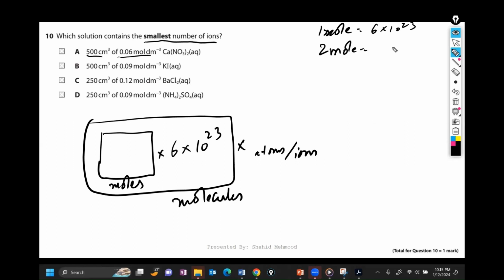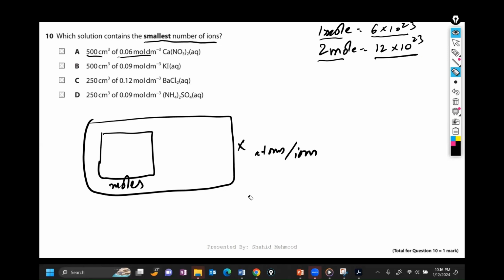But if you take double moles, smaller the moles, smaller will be the particles. Bigger the moles, bigger will be the particles. This idea we have to keep in the second box, because we are not supposed to find out the exact number. We will just find here the number of moles of the ions.